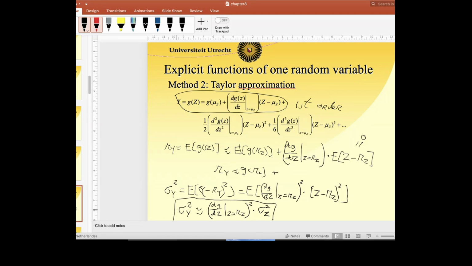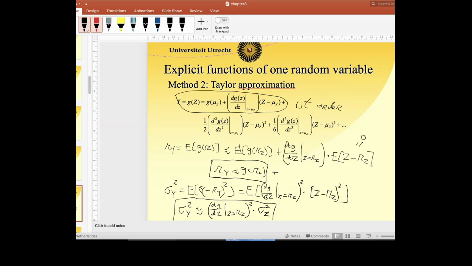The mean of the first order approximation is simply plugging in the mean into the nonlinear function, and the variance is equal to the derivative of g with respect to z evaluated at mu z squared times the variance of z. So that's a very simple approximation of the mean and the variance of y.